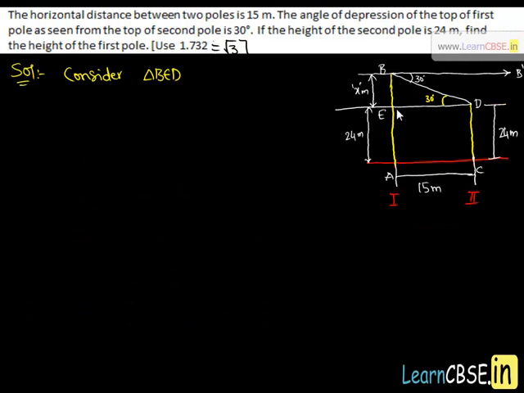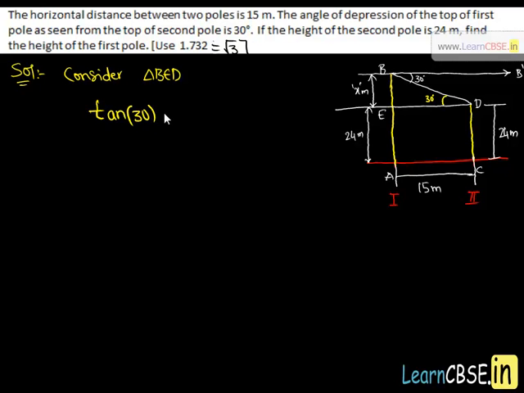Consider triangle BED. In this triangle we know the perpendicular which is BE and we have it as x meters, and the base is ED. It is given 15 meters. So which trigonometric ratio we have to use? We will use tan.